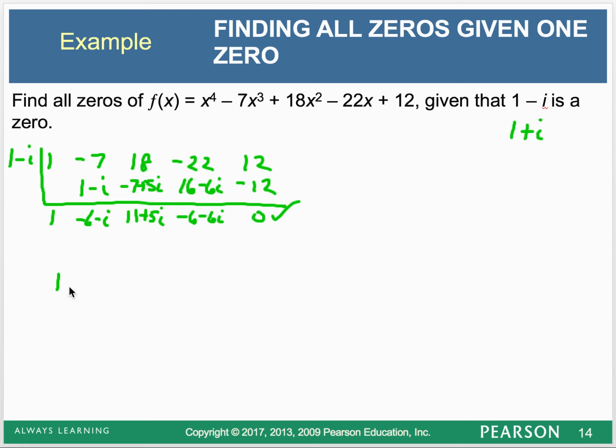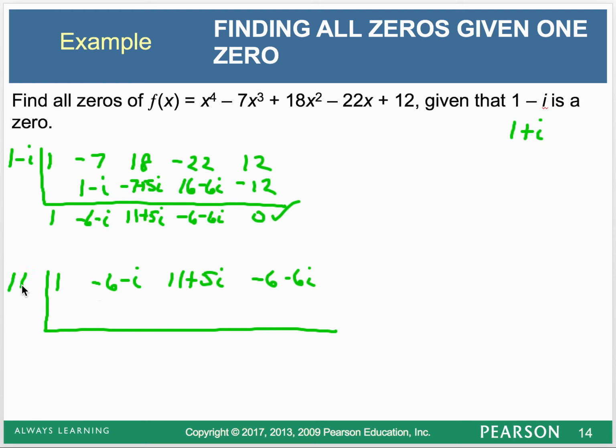All right, so 1, give myself plenty of room this time. And we'll do 1 plus i. So bring the 1 down, okay, 1 plus i. Okay, so now I actually have imaginary parts to add.